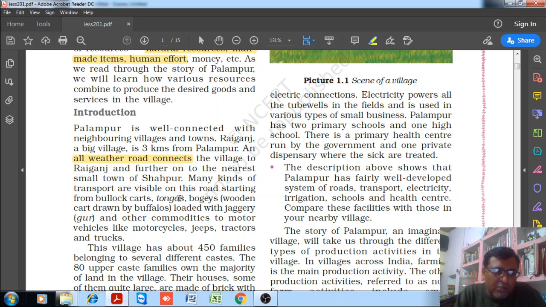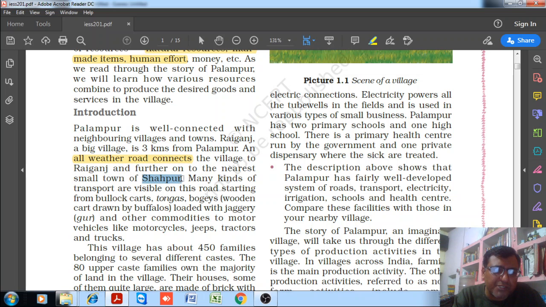Metalled roads are there, which you have already studied about. Palampur village is very well connected with all nearby villages and towns. One of those villages is Raiganj, 3 kilometers away, and the nearest small town is Shahapur.